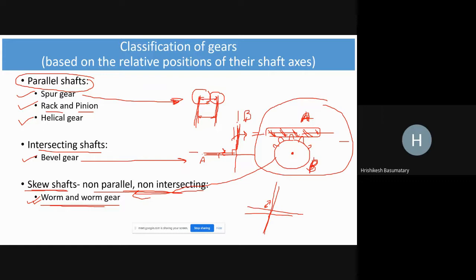It is along this horizontal line; right now I have not designated x or y, but in this direction we have the axis. And what about B? This element.